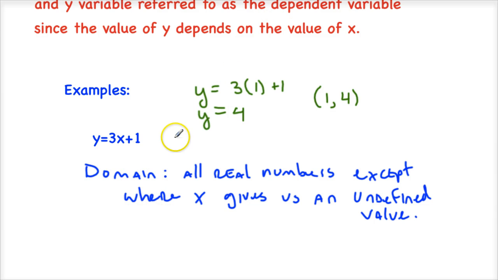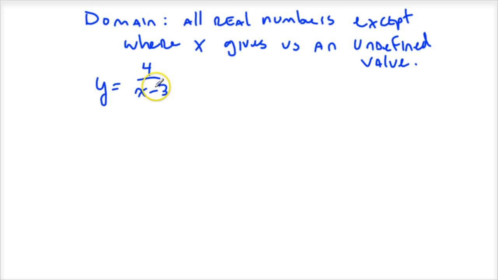If I had something like y equals 4 over x minus 3, I'm looking at this, and I think, okay, my domain is going to be all real numbers except for where I would have an undefined value. In this case, whenever I see a fraction, I know that I can't have a 0 in the denominator.